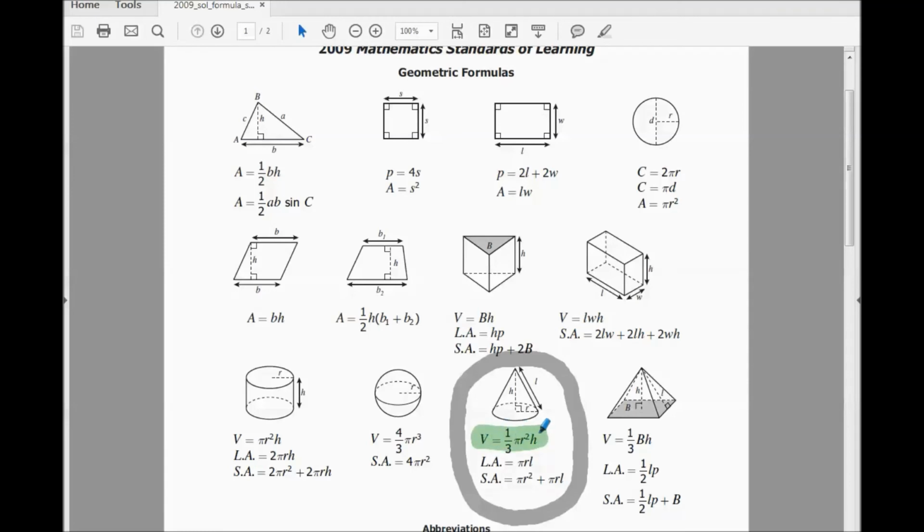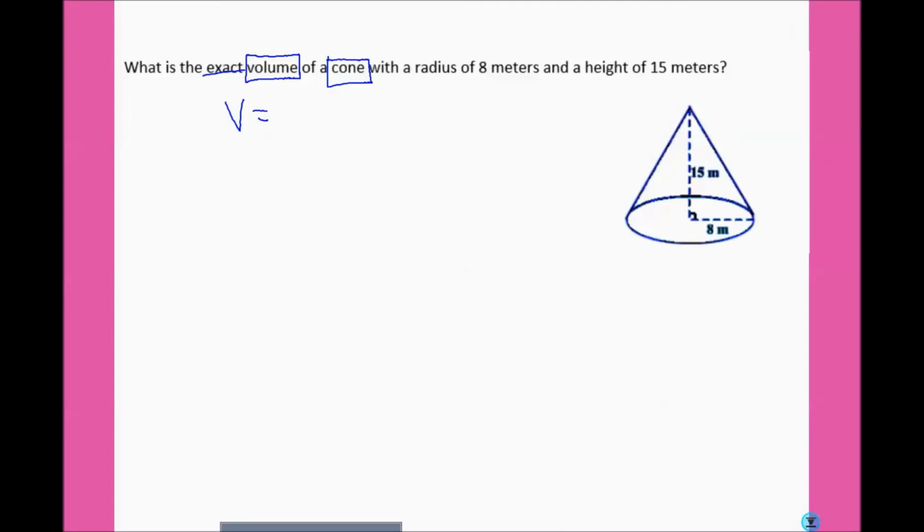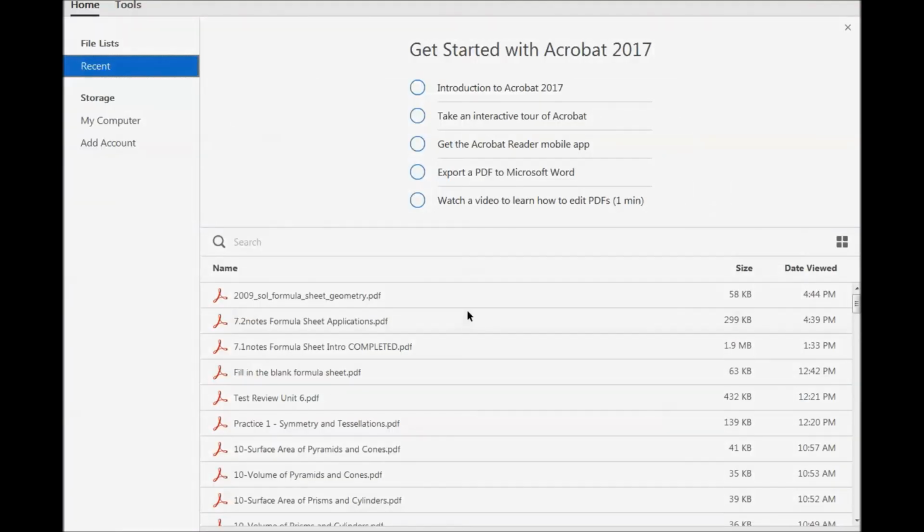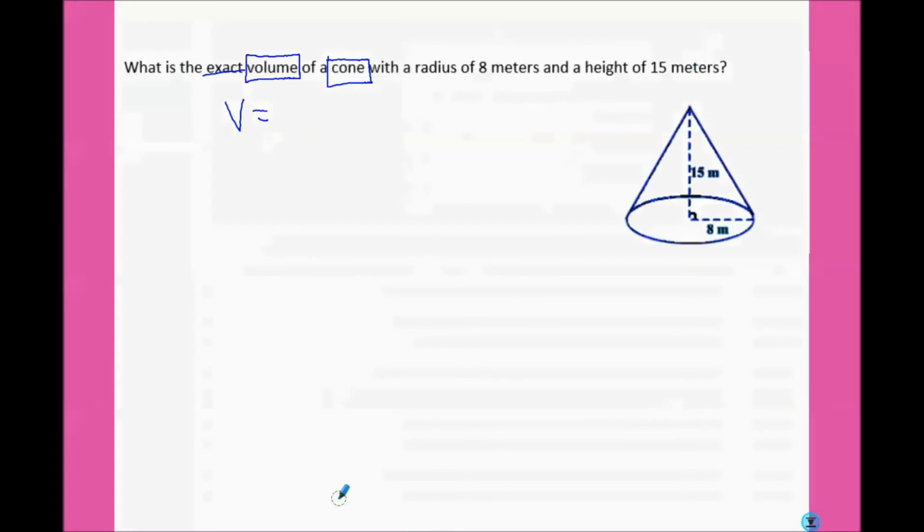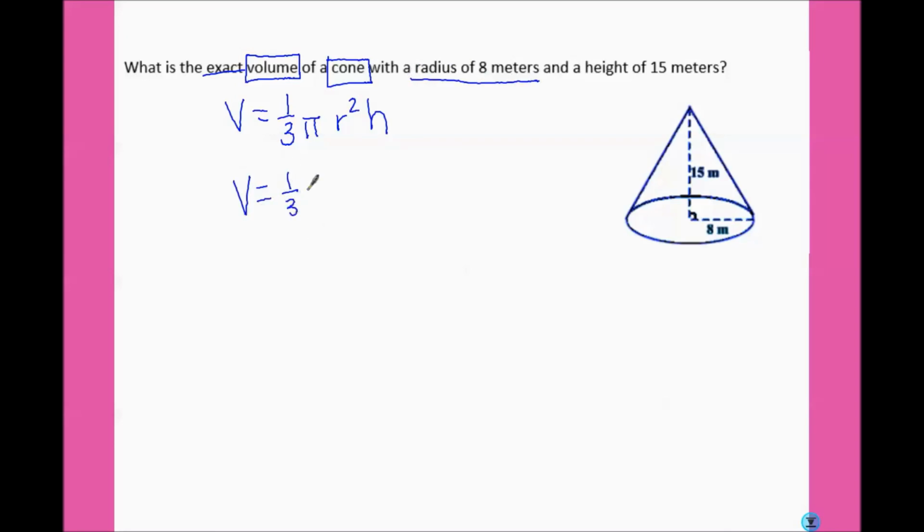So 1/3 pi r squared h. They told us the radius is 8. And our height is 15.